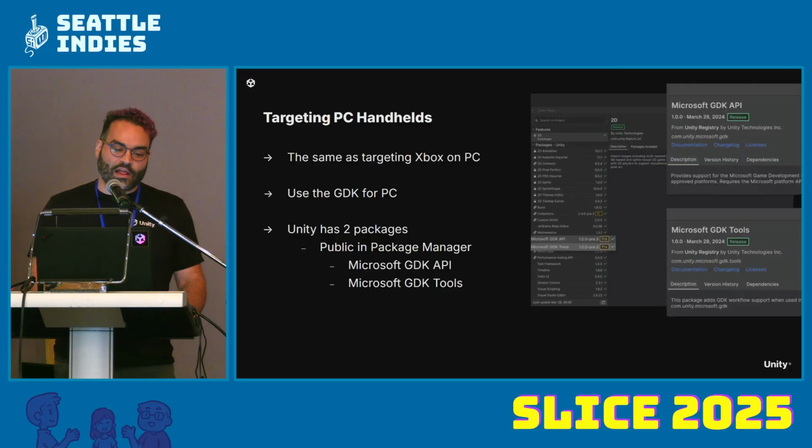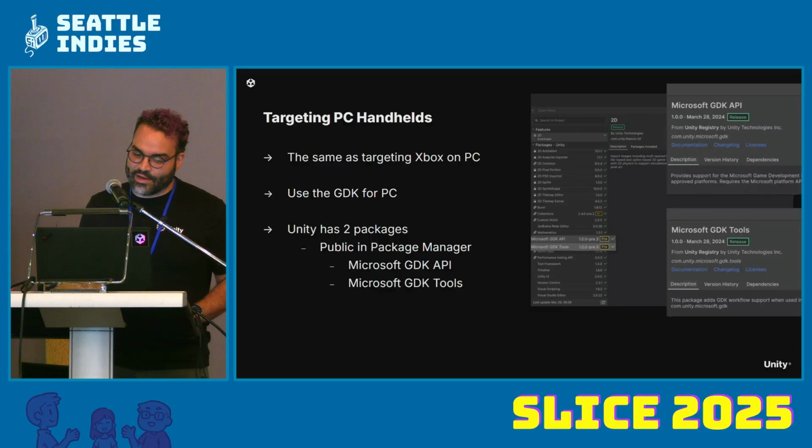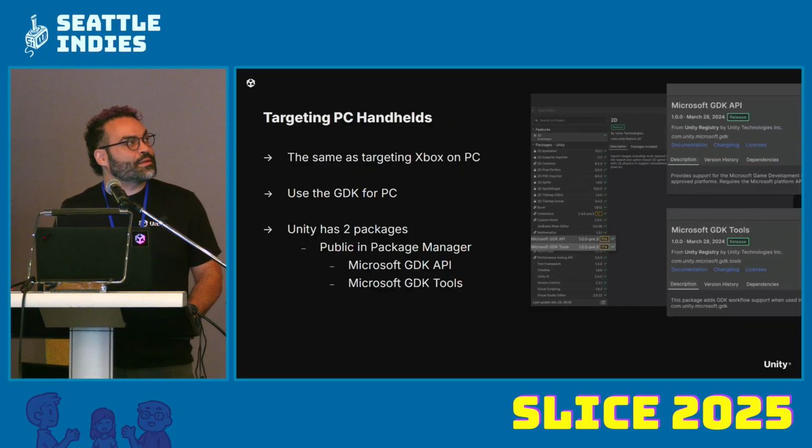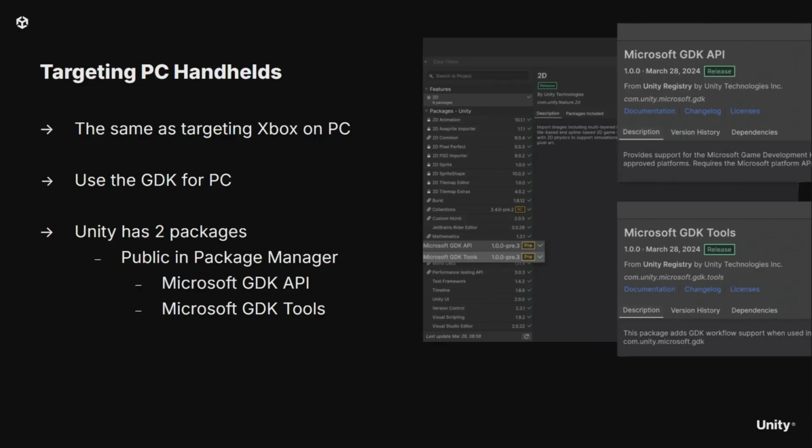But if you're a Unity developer, how do you target these PC handhelds? Well, luckily, these PCs are just PCs. So to target them, especially if you want to target Xbox on PC, it's the same way you target the Microsoft Store on PC. You use the GDK for PC, which is publicly available at GitHub.